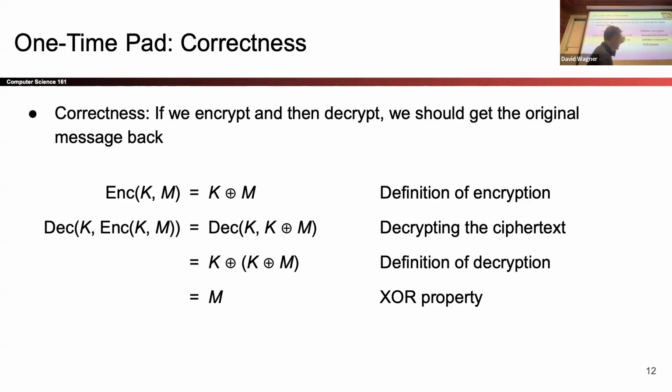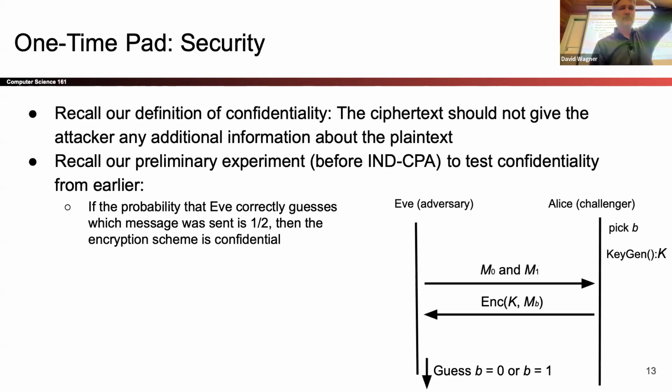So this is 0 XOR M, which is M. You can do this algebraic derivation and verify that decryption will undo encryption. So the first thing we want any encryption scheme to be is correct. Decryption undoes encryption. We're good there.